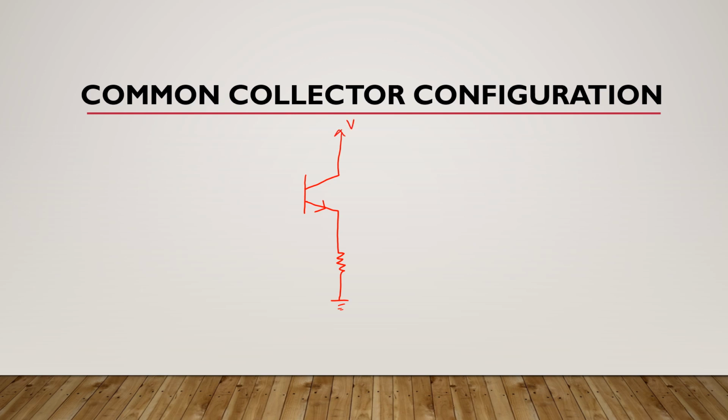Here we have VCC, this is RE, and here we have RB, and here we have input supply Vi, and the output will be here. Okay, it means in common collector configuration, base and emitter terminals are used to give input and output respectively.